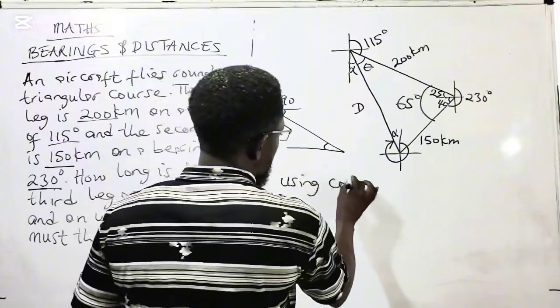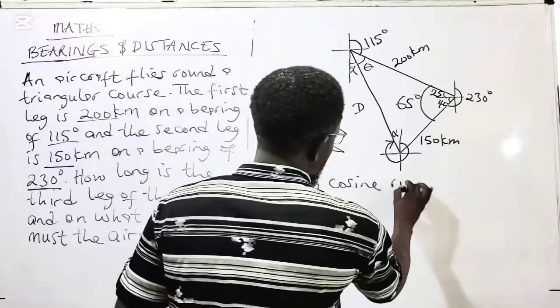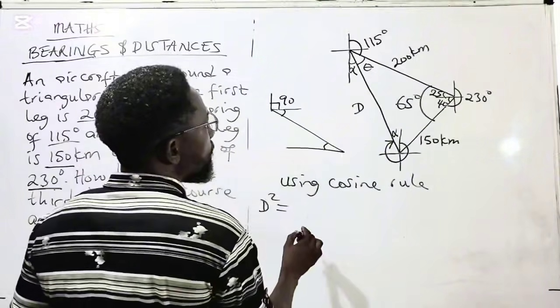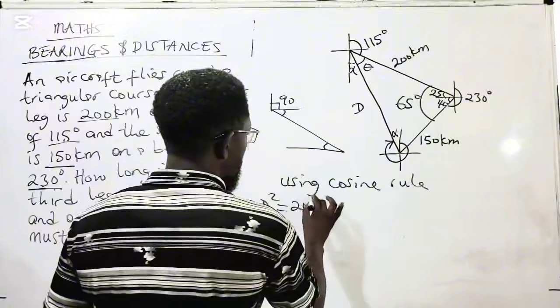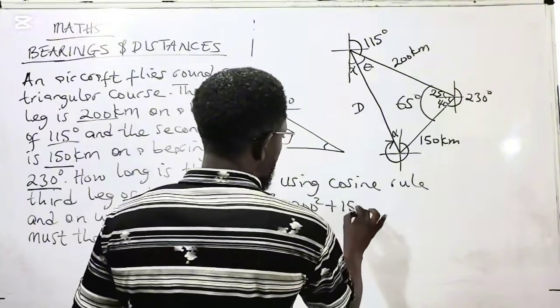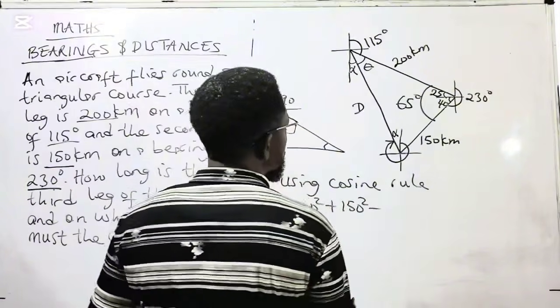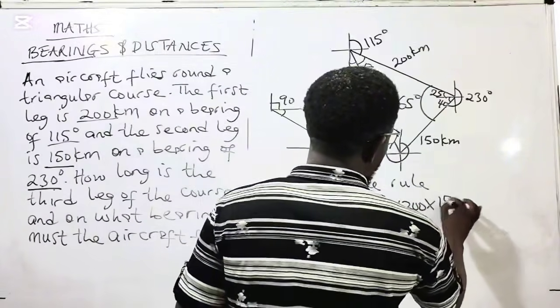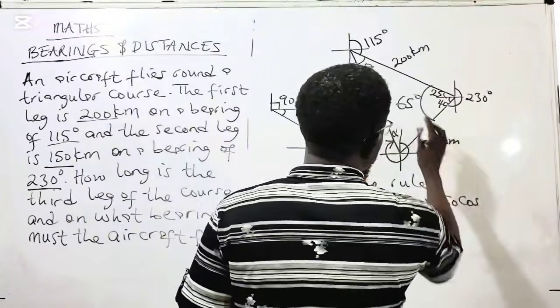So now for the distance, I'll make use of the cosine rule. I'll get this square equal to 200 squared plus 150 squared minus 2 times 200 times 150 times cos 65.